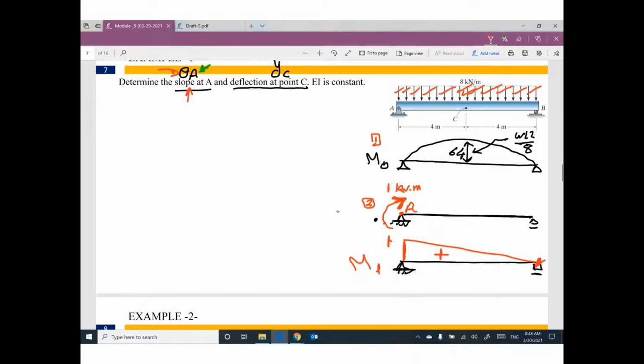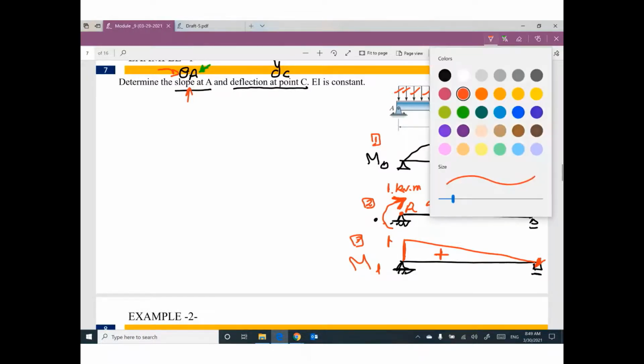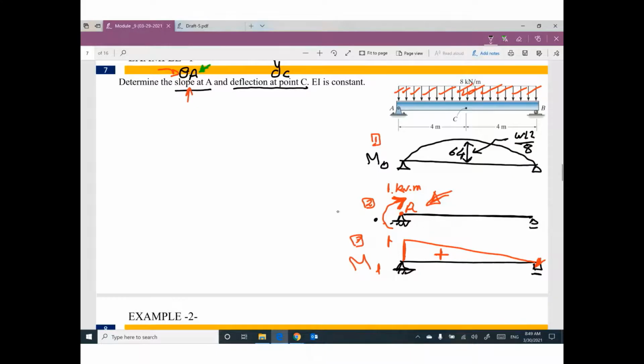So I put 1 unit moment at A. The third step, draw the bending moment diagram due to the new moment. The final step, theta at A will be the integration of M naught with M1 divided by EI dl.